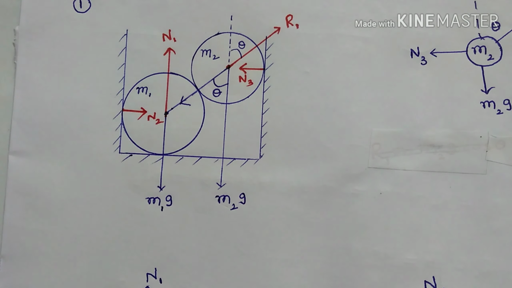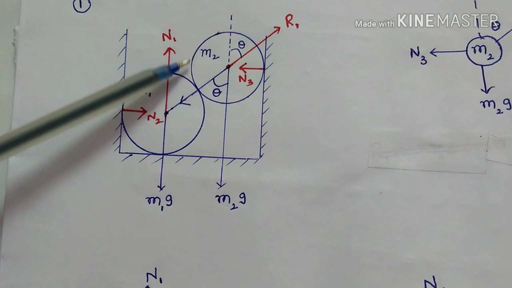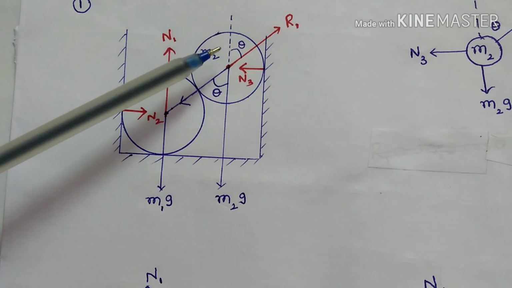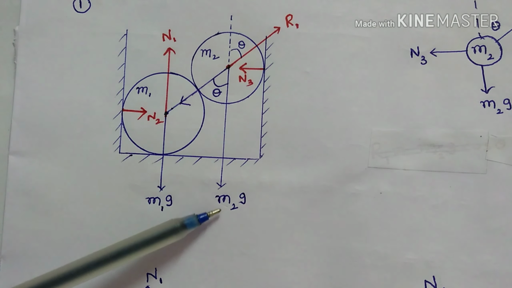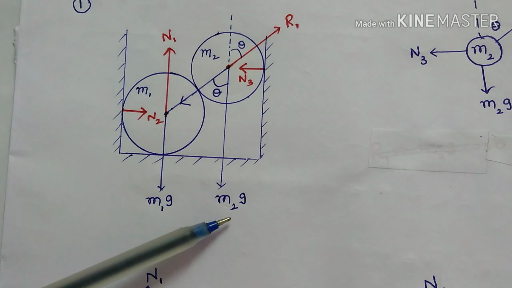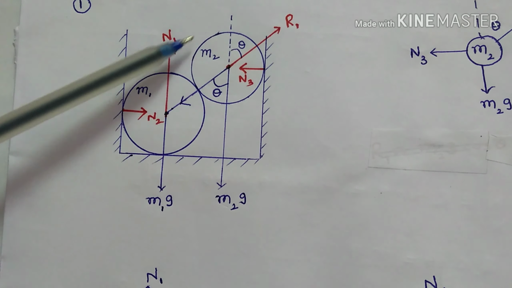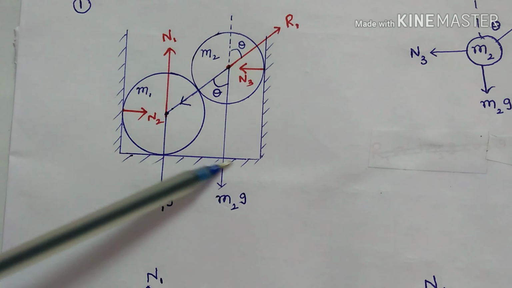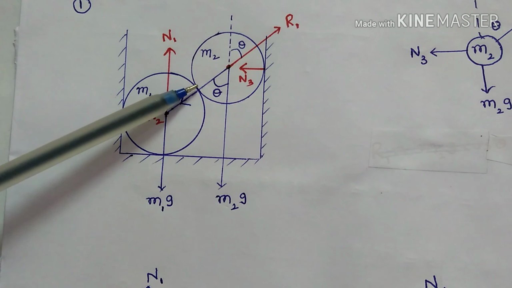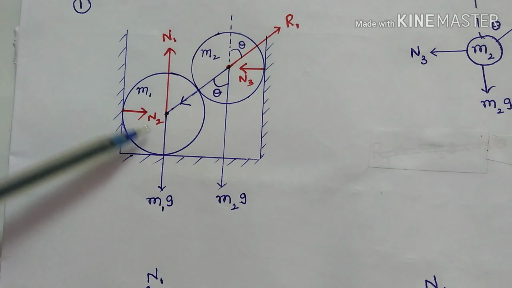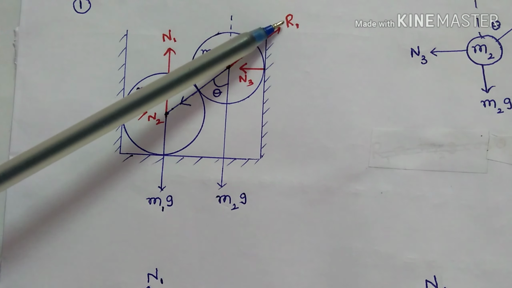Okay, now you see another lemon of mass M2. It is lying like this. On this M2, the downward force is M2G, the gravitational force, that is weight. But this lemon is not touching the bottom. It is touching another lemon at this point. So this lemon exerts a force along this direction. I am calling it R1.